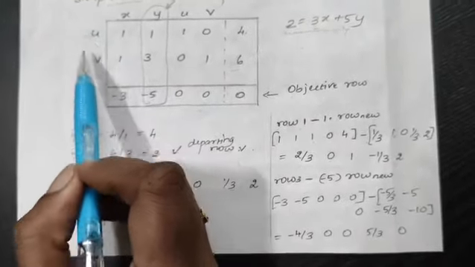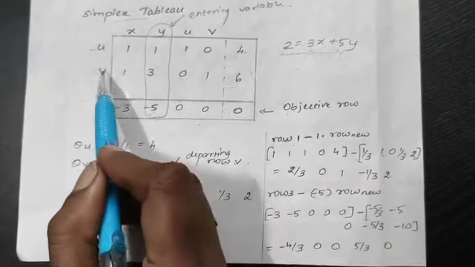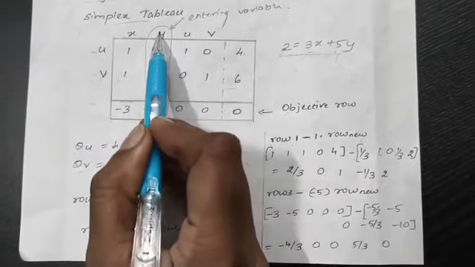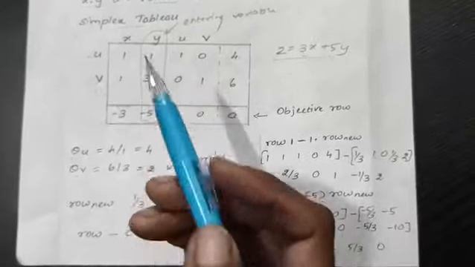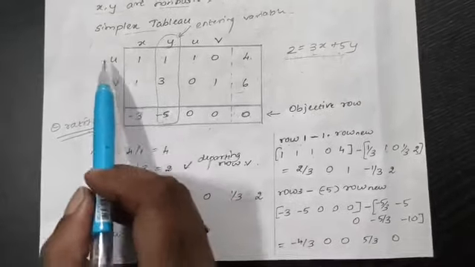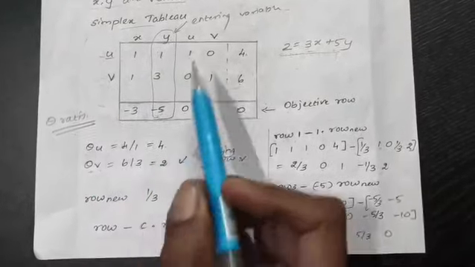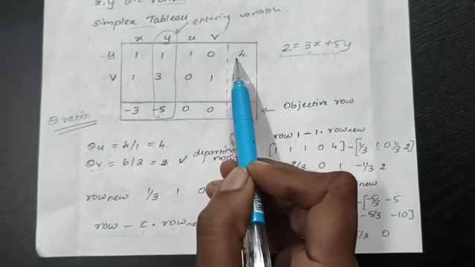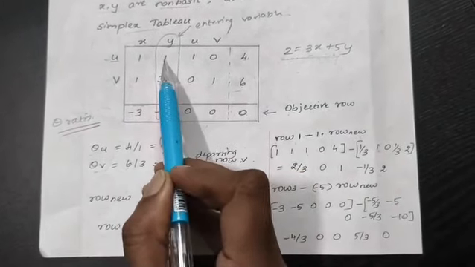Then we have to find the departing row. We replace the departing row's variable with the entering variable y. For that, we need to calculate the theta ratio. The theta ratio is calculated by taking the rightmost value divided by the pivot column entry.